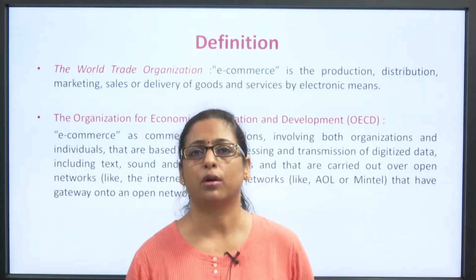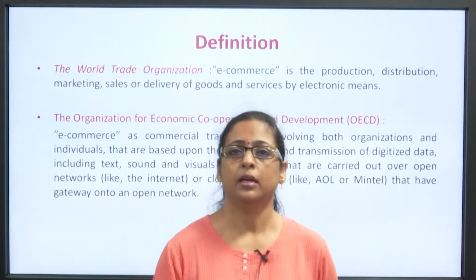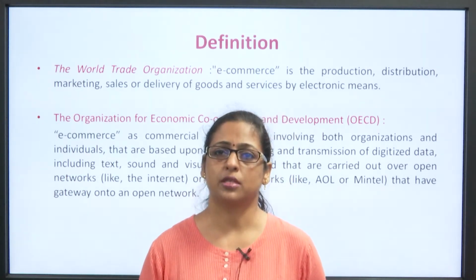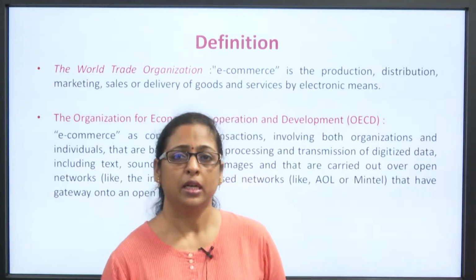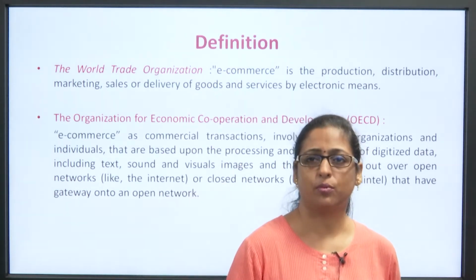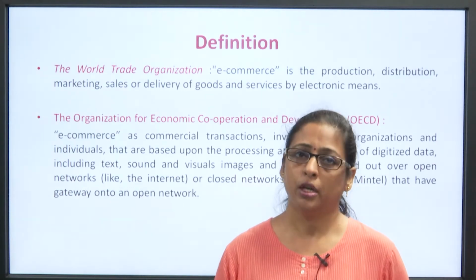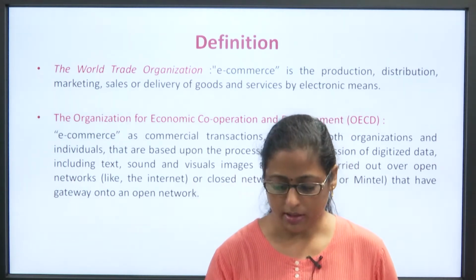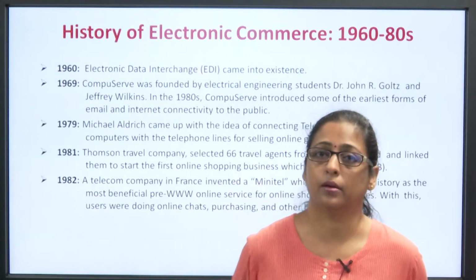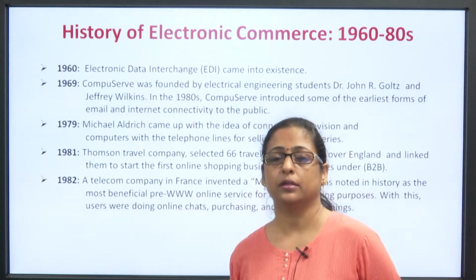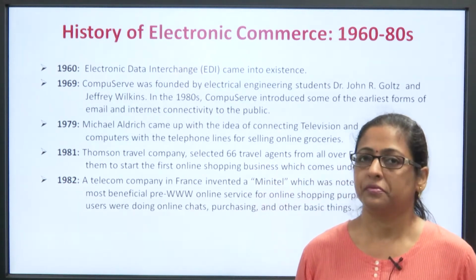It could be a closed network or open network, but the access of this network should be public. That means most of the people across the world should be able to access this kind of information. So, this is how OECD has defined electronic commerce.